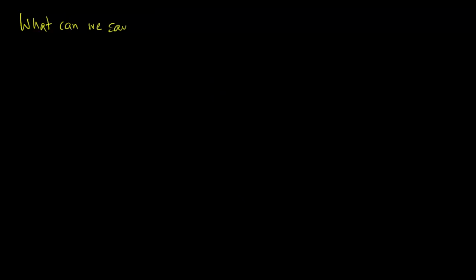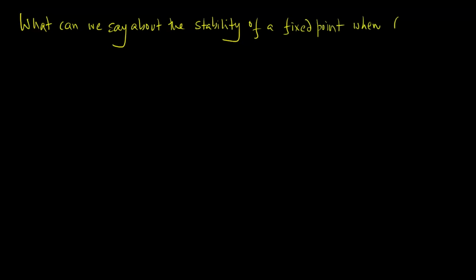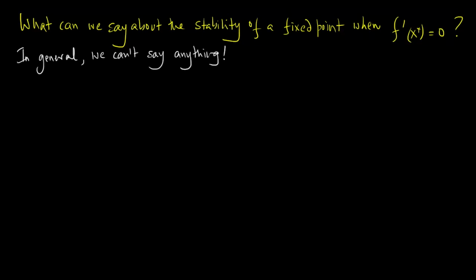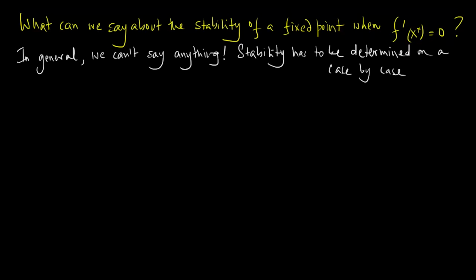So what can we say about the stability of a fixed point when f prime of x star actually is 0? As a matter of fact, in general, we can't say anything. Stability has to be worked out and determined on a case-by-case basis.